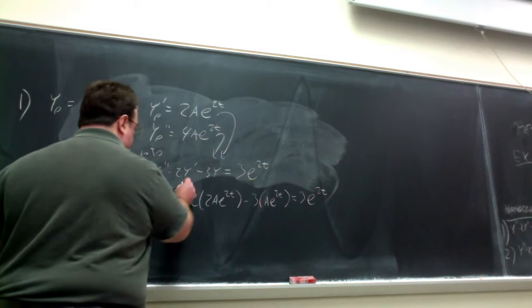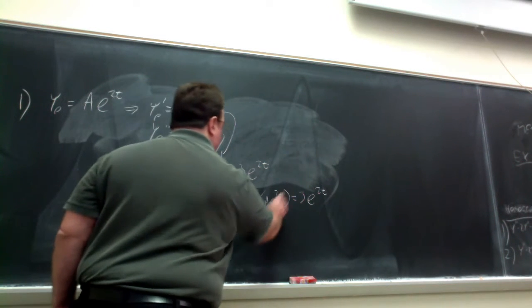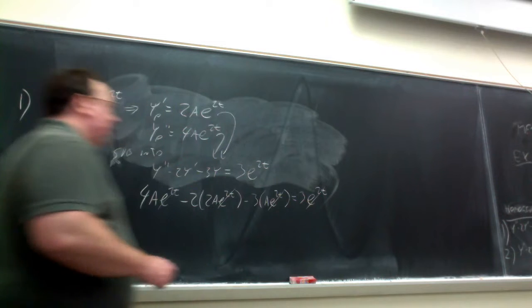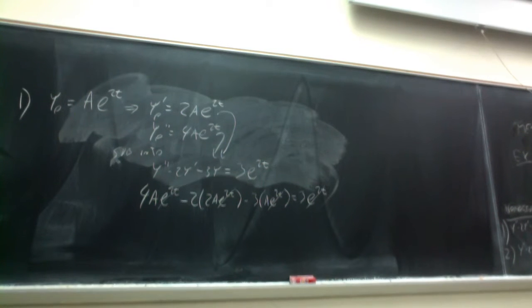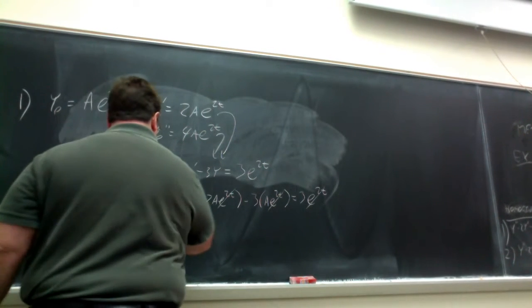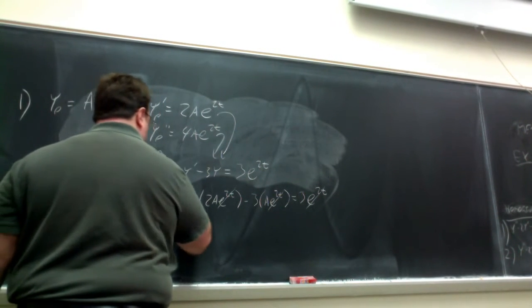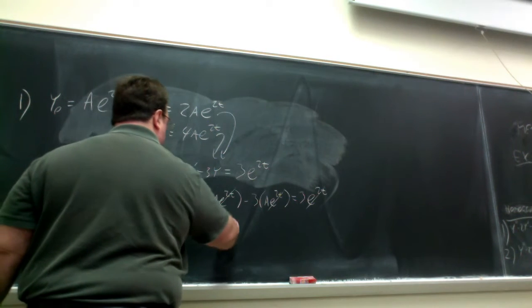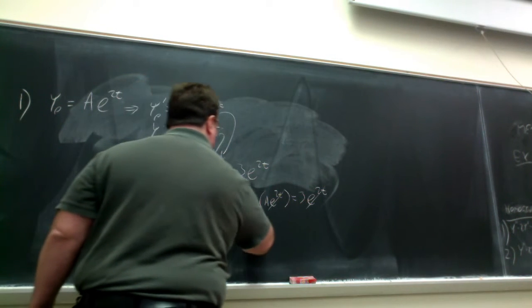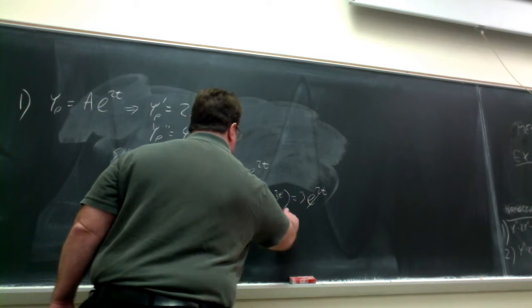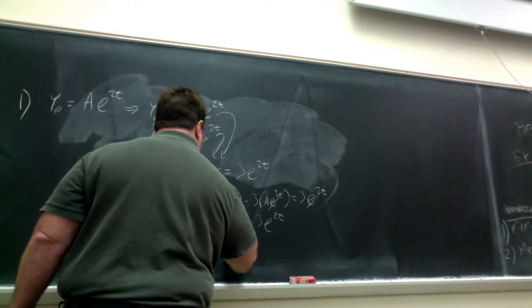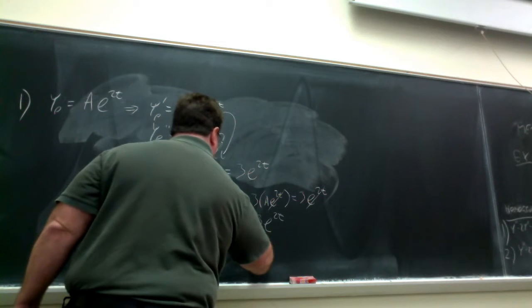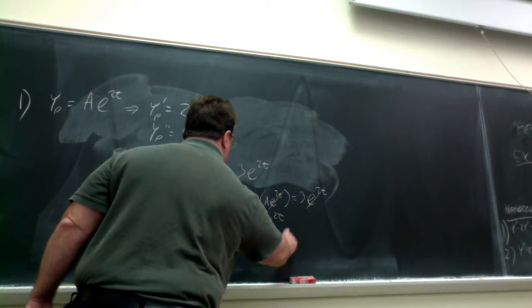So go ahead and cancel them out. What else do you have in every term on the left side? A. Yeah, go ahead and factor it out. So what's left is 4 minus 4 minus 3 is equal to 3. So now you have minus 3a is equal to 3. So you conclude that a is minus 1.